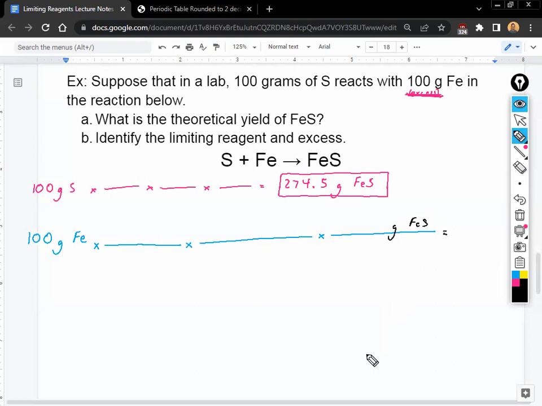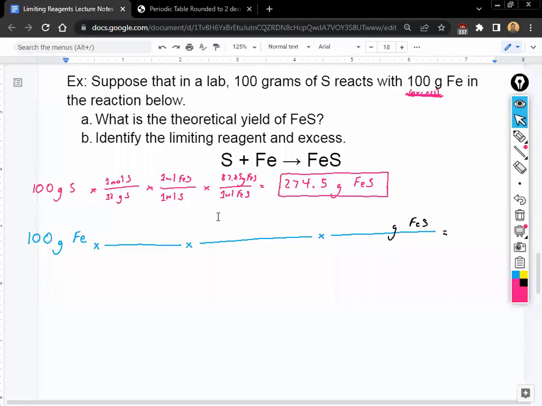Okay, so what we're doing here is we're seeing how much FeS sulfur can make, how much FeS iron can make, and then based on our numbers, remember, we're going to pick the smaller number because that's the actual theoretical yield, okay? So I'll give you guys 3 minutes to solve out this new stoichiometry problem. And then after that, we'll go over the answers and then we'll figure out what the real theoretical yield is for FeS. Okay, so take about 3 minutes to do that.